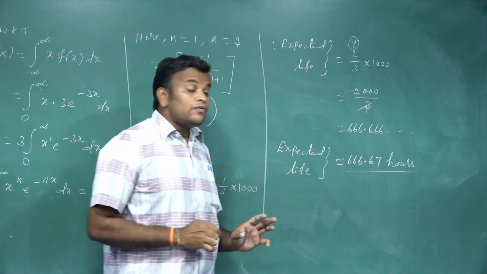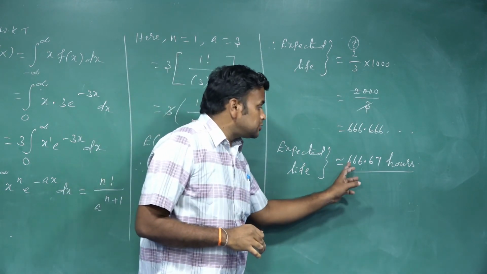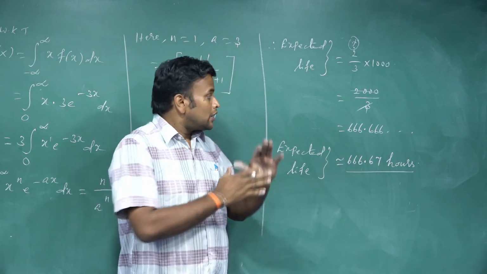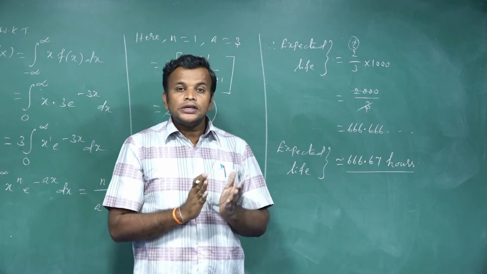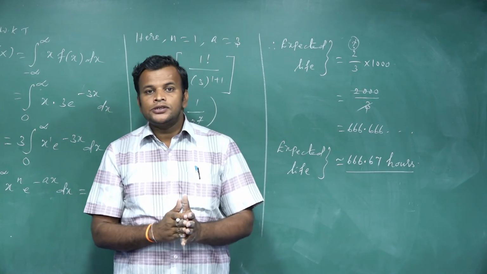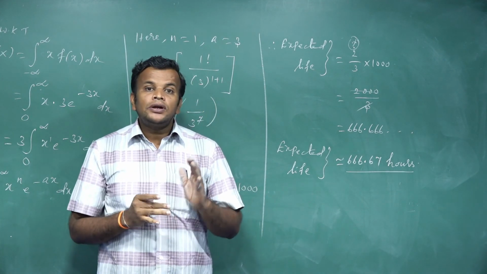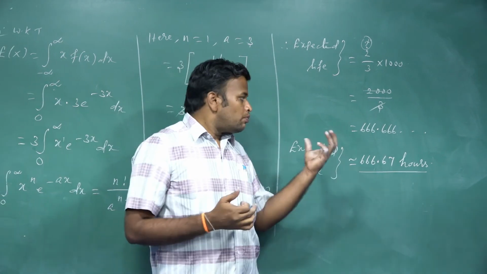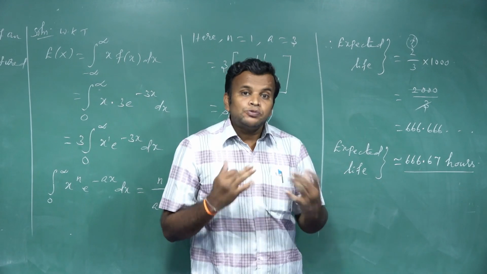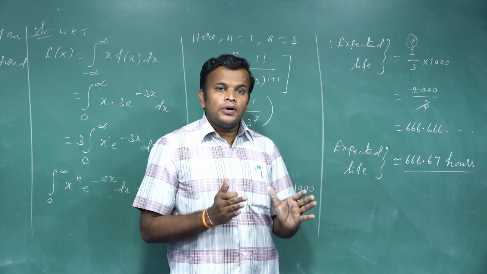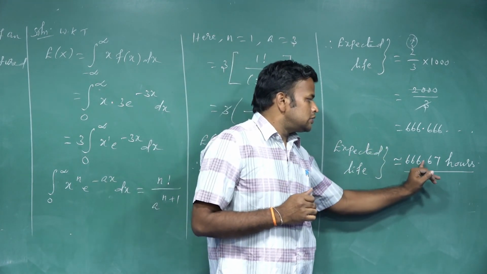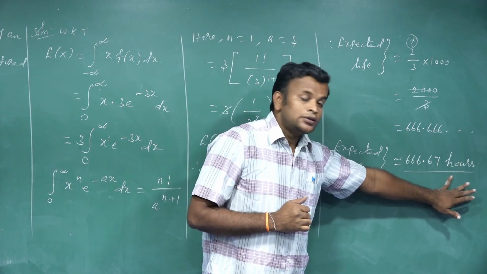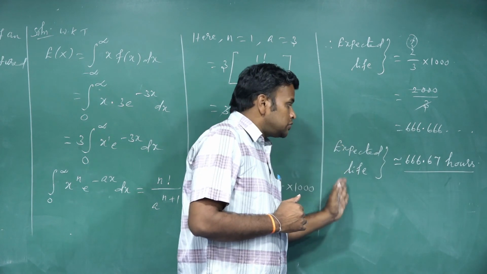So the expected life of a computer will be taken as 666.67 hours. Actually, the computer manufacturer's hour is maximum 1000 hours, but not all computers will last 1000 hours. So suppose we want to buy one computer, we expect the average working hours is 666.67 hours. It may work more than that or less than that.